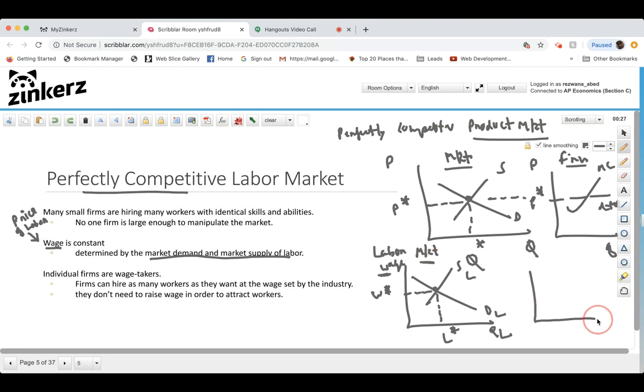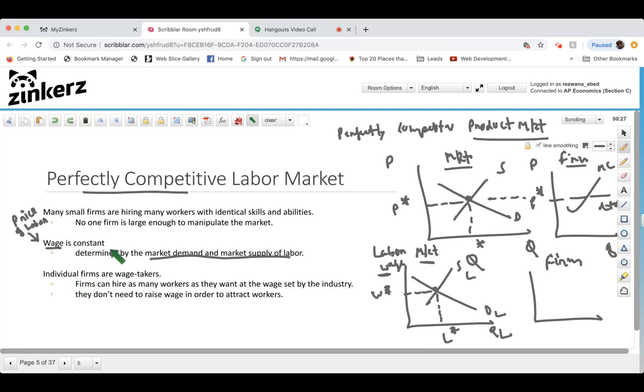When we examine the farm a little bit later, in a few more slides, we will see that they have something similar going on as we saw with the perfectly competitive product market. There is a tiny bit of difference, but there is something similar that comes from having this wage rate determined by the market.